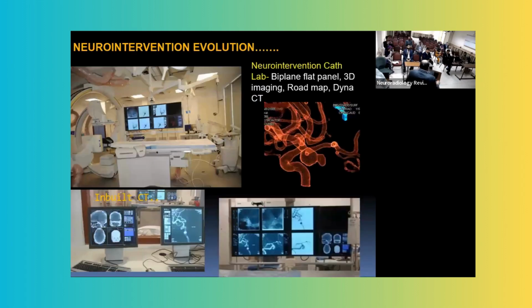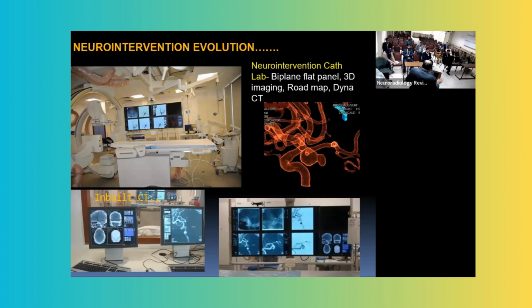We have evolved recently in 10 to 15 years. We started from a single plane angiography machine. We moved to a biplanar angiography machine, which is critical for neurointerventional procedures.